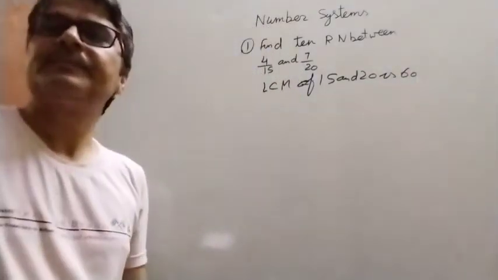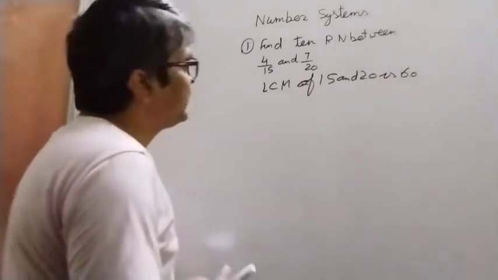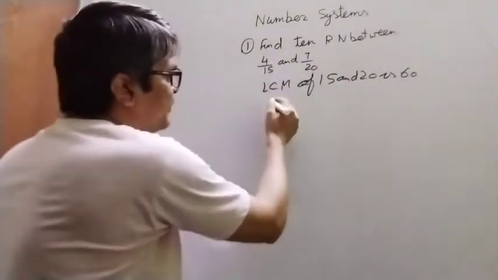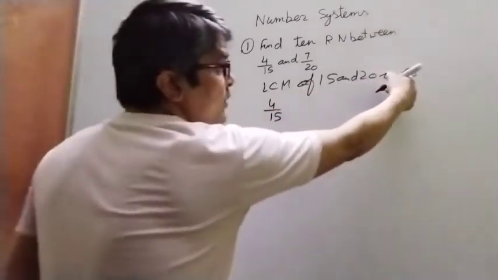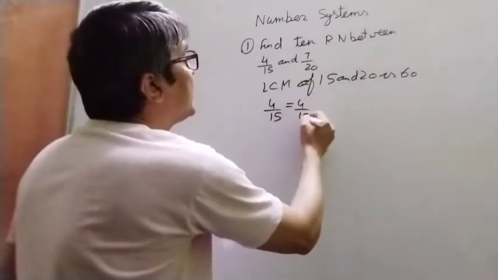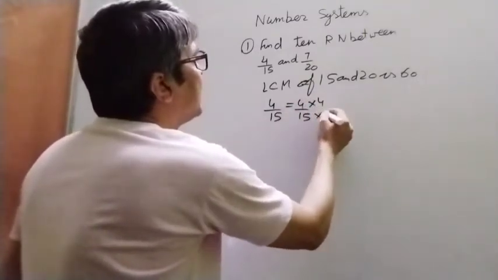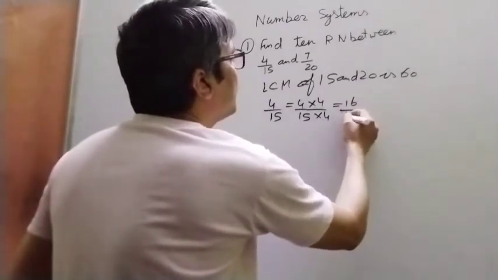Okay? So after taking the LCM, we will equalize the denominators of the numbers. 4 by 15 to make 60, you have to multiply numerator and denominator by 4.